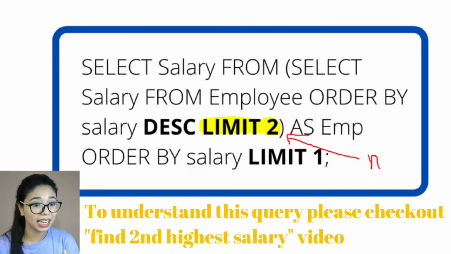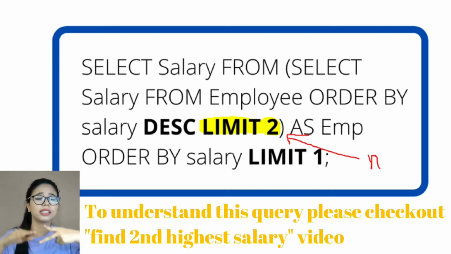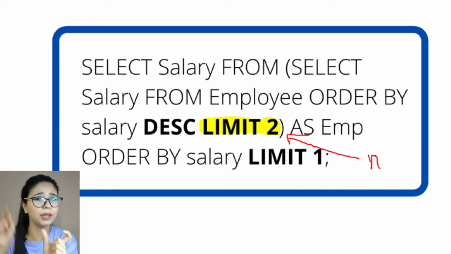Go to the inner query: select salary from employee, order by salary descending, limit 2. It is going to give me the salary in descending order. Now if you want the fifth highest salary, then you need to replace that limit 2 with 5. For the fourth highest salary, limit 4, and so on, means descending limit n. That's the only difference you need to make.